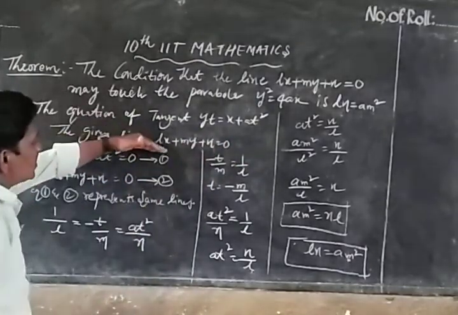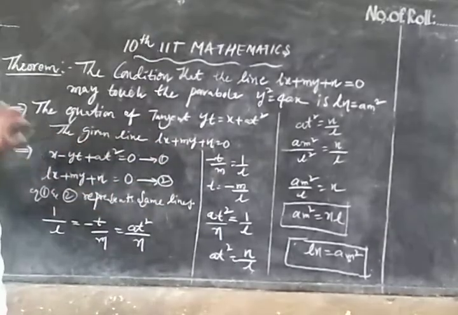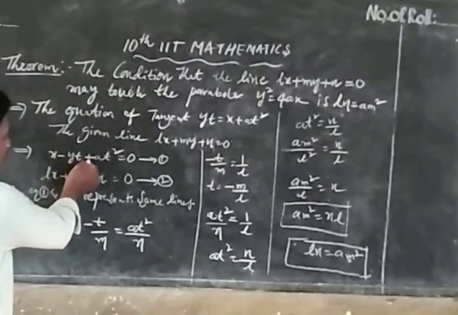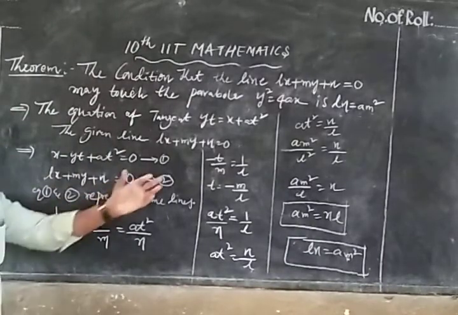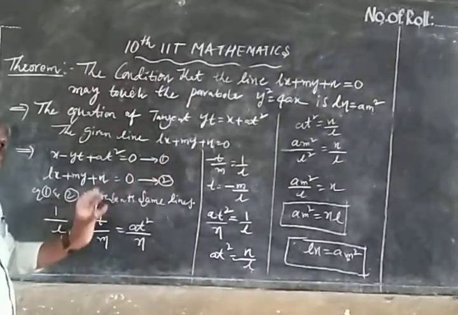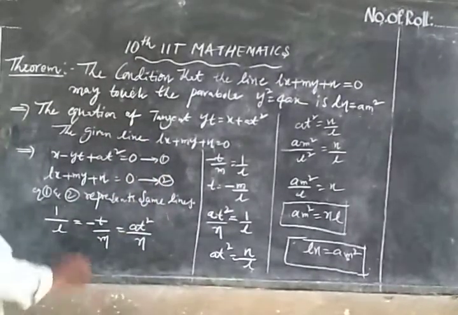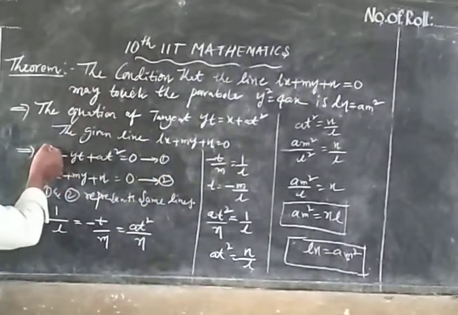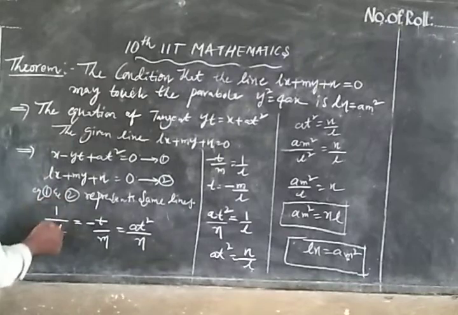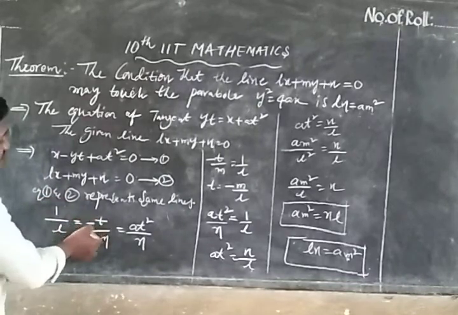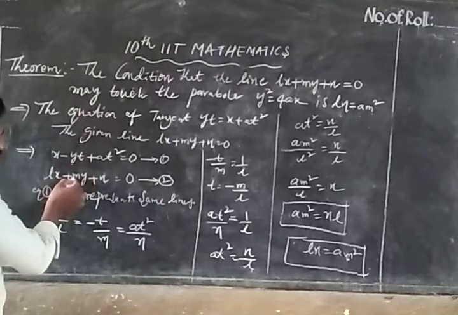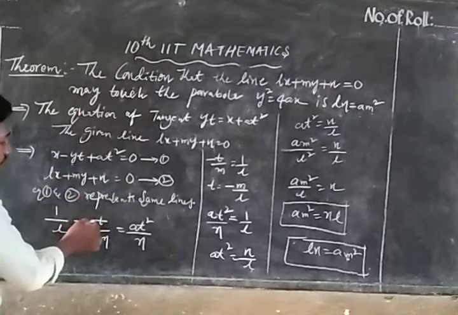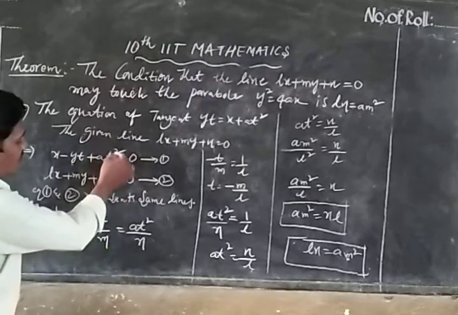So equation 1 and equation 2, by rearrangement, x minus yt plus at square equal to 0 and lx plus my plus n equal to 0, represent the same line. So here the coefficient of x: 1 by l equal to minus t by m. What is the coefficient of y? Here m, so minus t by m. Here again at square by n.